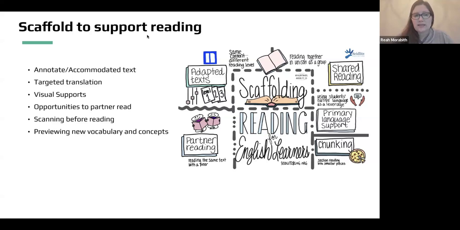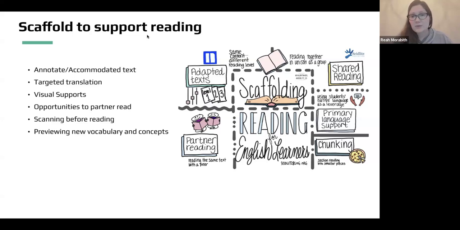And we also recommend possibly doing targeted translation, especially for high academic terms in your classroom or vocab. So translating that, maybe having students have a bilingual glossary journal for your class to help them connect those ideas and connect the context and the vocab.